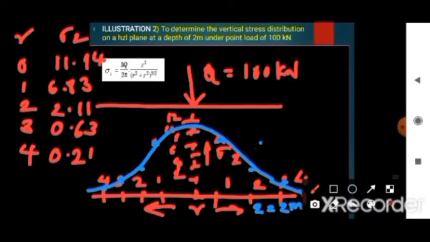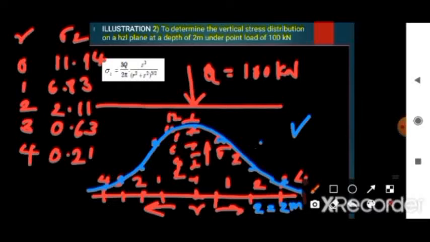So this is the vertical stress distribution diagram on the horizontal plane at a depth of 2 meter, under the point load of 100 kilonewton. The same exercise you can practice in your notebook, as well as the vertical stress distribution diagram on graph paper. This is very much important.